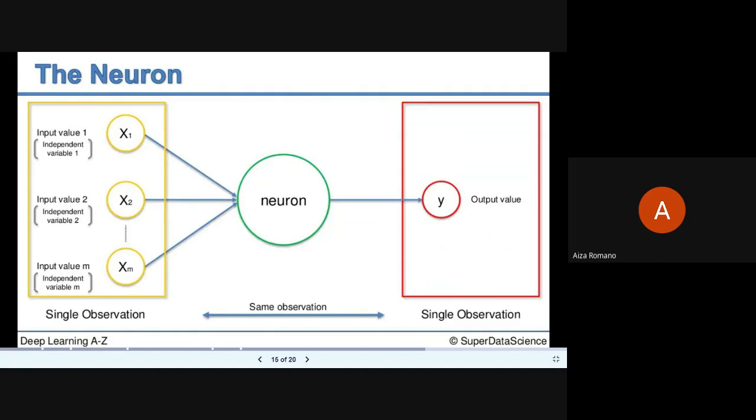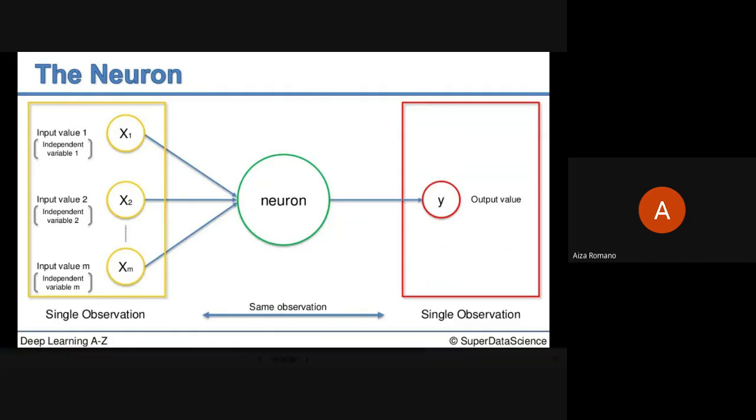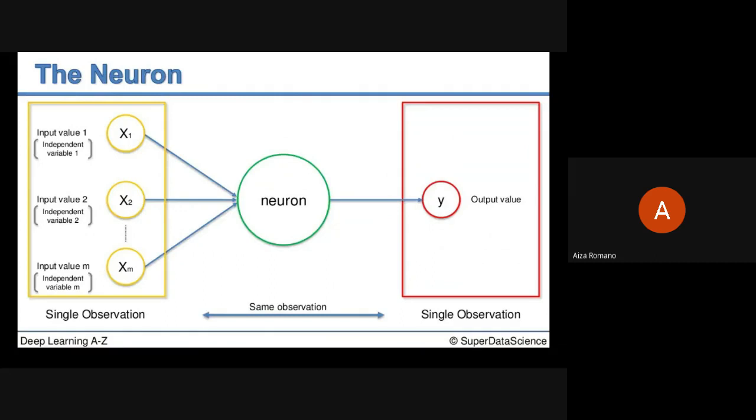And now one more point. I just want to reiterate this point. On the left, you've got a single observation, so one row from your data set. And on the right, you have a single observation as well. That's the same observation.